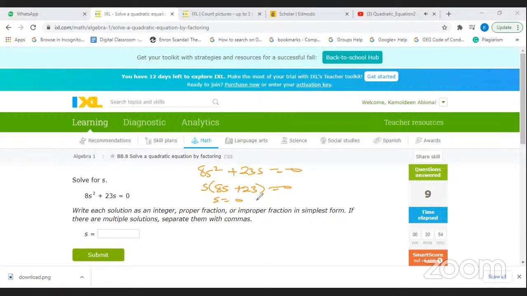So x equals to 0, or if you equate this one to 0, you have 8x plus 23 equals to 0, and 8x will be equals to minus 23. x will be equals to minus 23 over 8. So 0 comma minus 23 over 8.